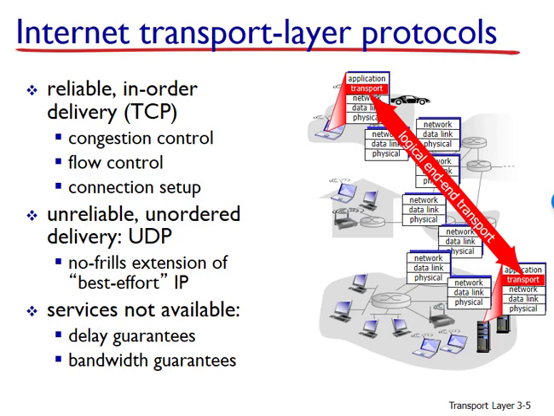Let's summarize the service models provided by UDP and TCP. The most fundamental responsibility of UDP and TCP is to extend IP's delivery service between two end systems to a delivery service between two processes running on the end systems. There's a pretty good distinction there. The network layer is responsible for getting packets to the end systems.